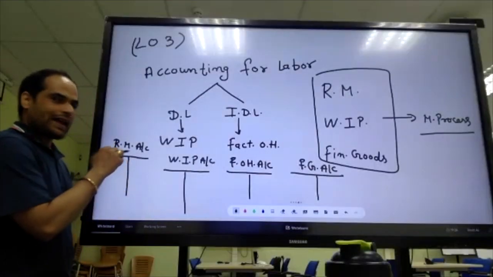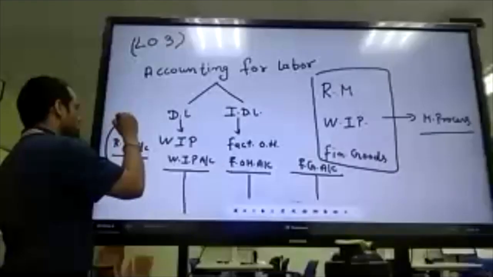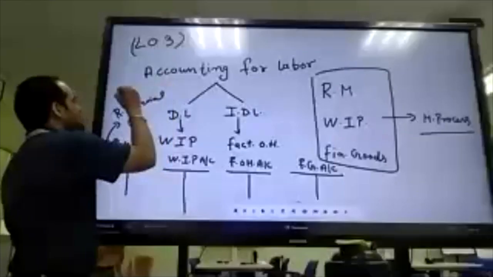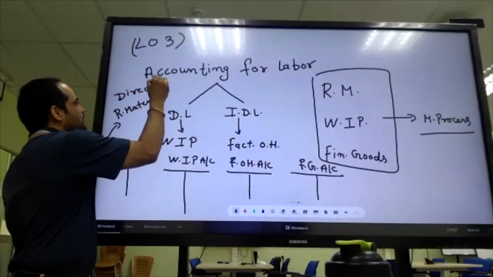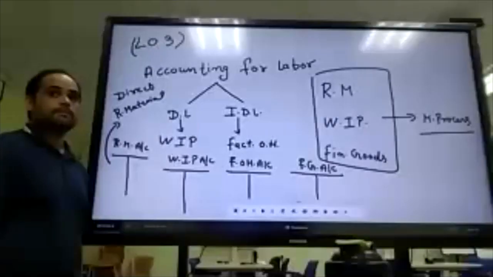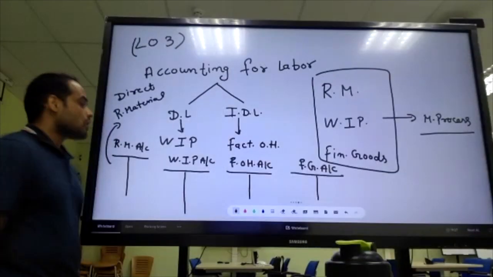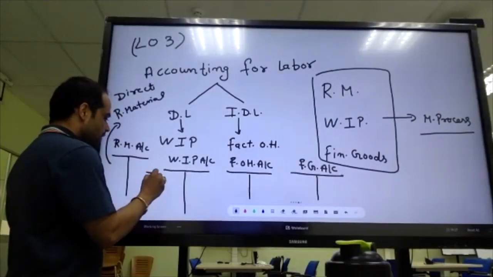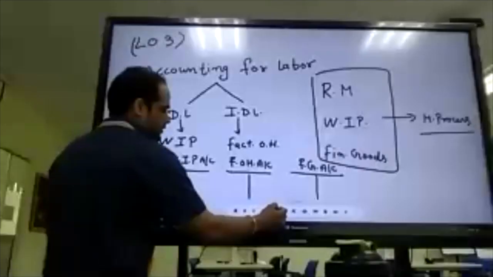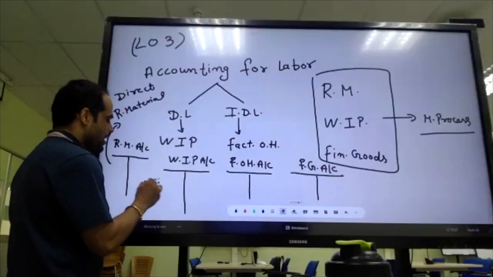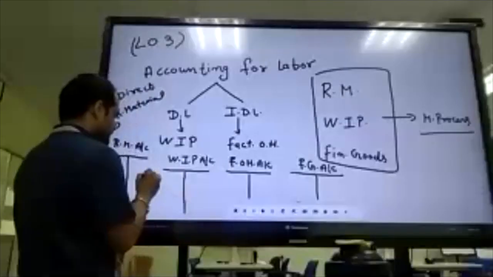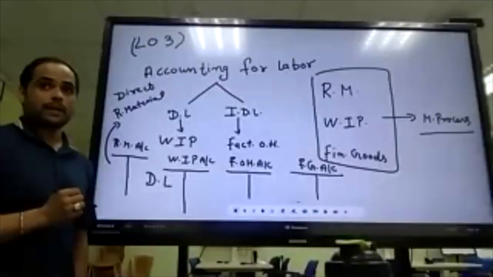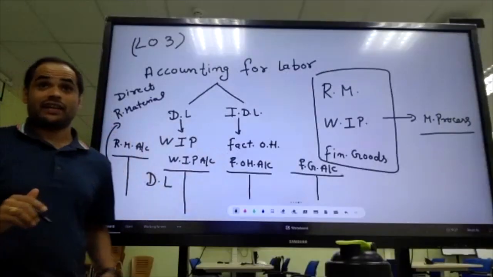Raw material accounts have information about raw material, and that raw material is direct. Work in process is about the working process, about direct labor, right? And factory overhead, it's an overhead.